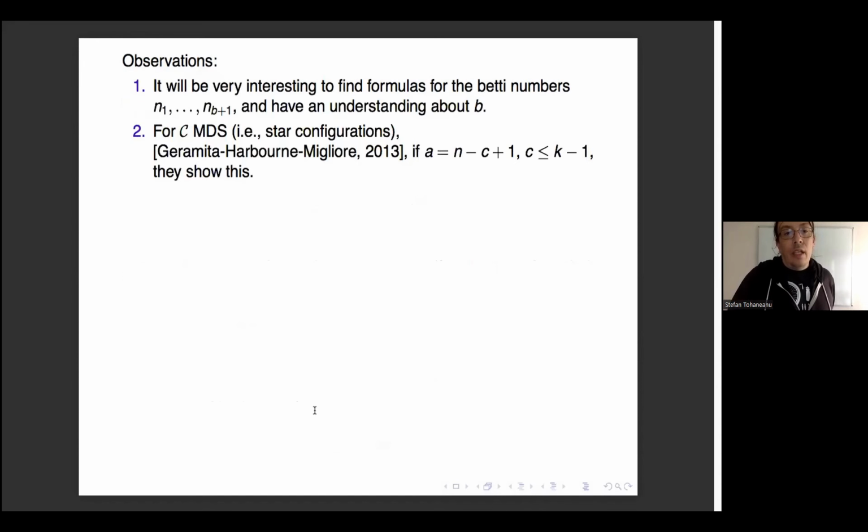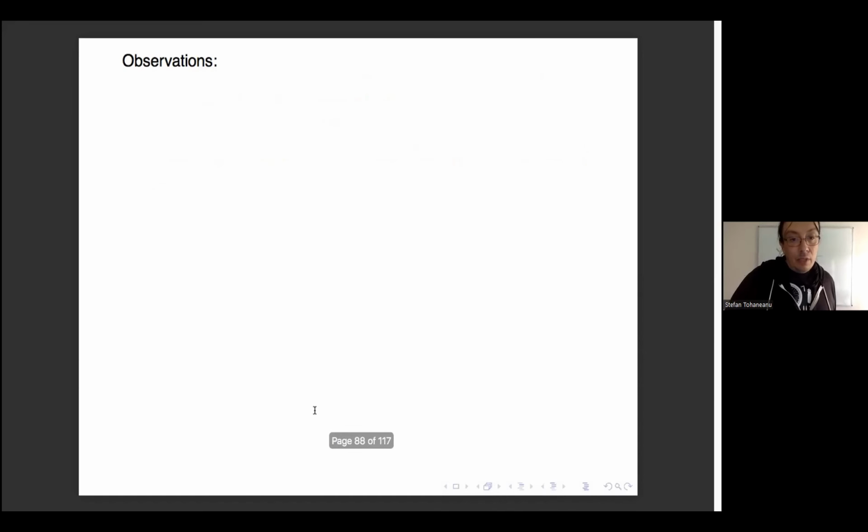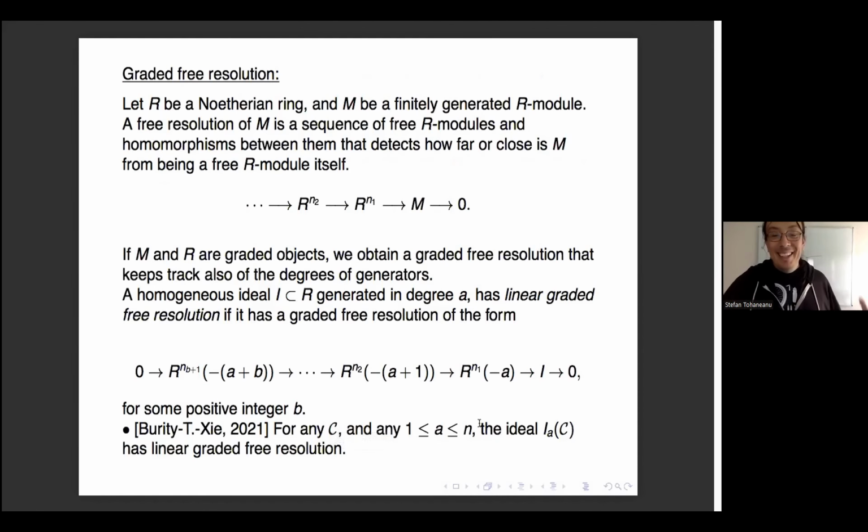For the case of star configurations, Geramita, Harbourne, and Migliore show that the projective dimension is B, and they present the formula for the n_i and show that indeed we have a linear graded free resolution. Oh, did I forget to? Okay, I'm sorry, I skipped. So the main result is this one of Ricardo, you, and I.